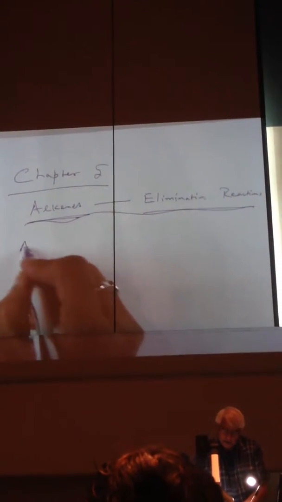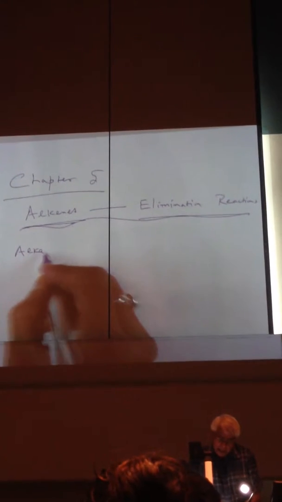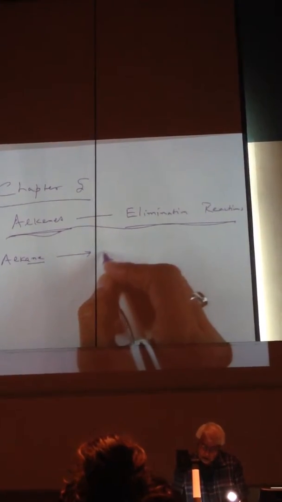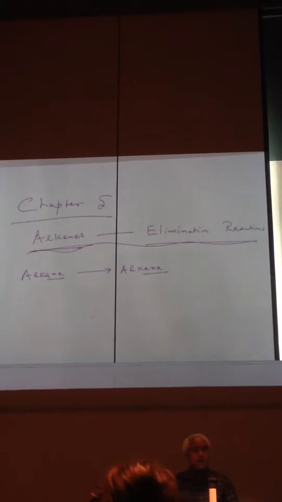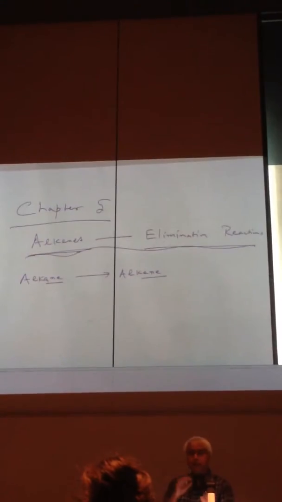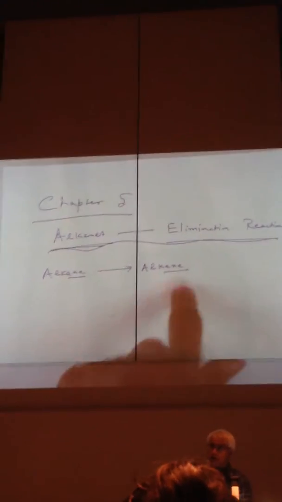Okay, so alkenes are essentially generated from alkanes, where you introduce the carbon-carbon double bond. And the nomenclature also involves a replacement of ANE with ENE.